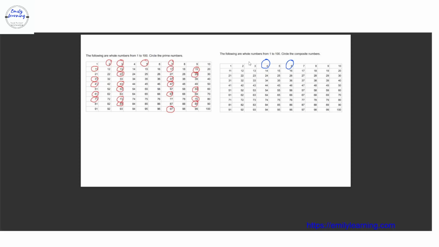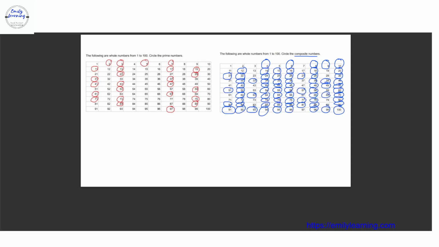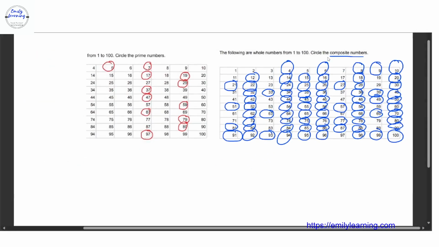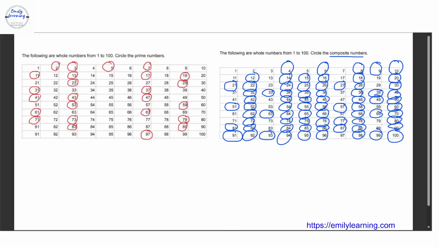In fact, after 1, any number that is not a prime number will be a composite number. So let me circle all the numbers greater than 1 that are not prime numbers, because they will be composite numbers. There you have it, I have circled all the composite numbers here in blue.